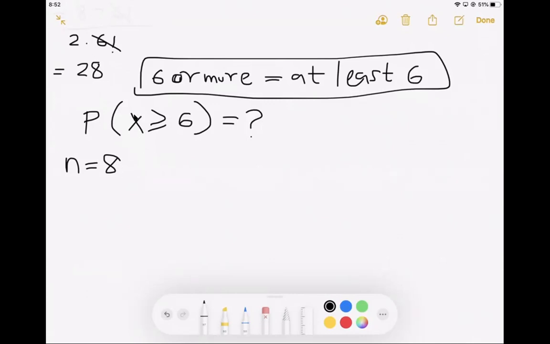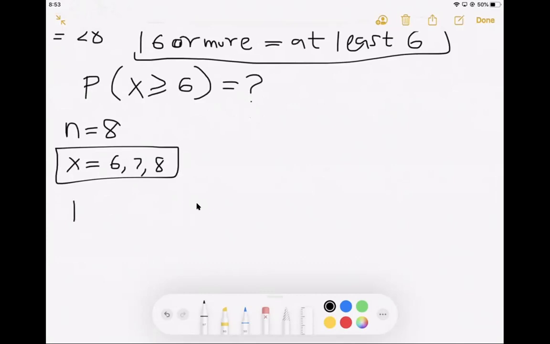Here it says x should be greater than or equal to 6. Now tell me what are the possible x values we can have. 6, 7 up to 8. Why? Because we have 8 individuals. You can write further, only up to 8. X greater than or equal to 6 means 6, 7 and 8. Now we know what the possible x values are.